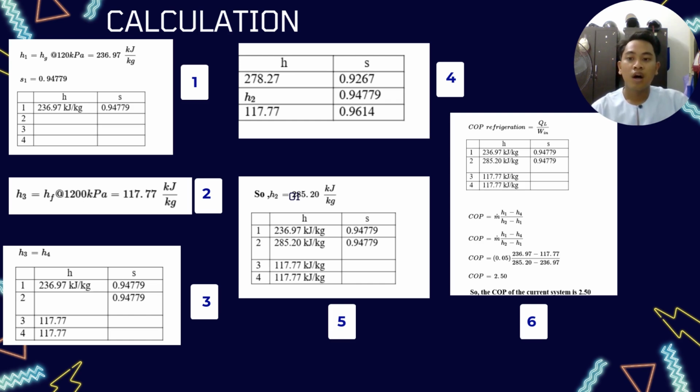So to find the COP of the current ideal vapor compression refrigeration cycle, we use the formula COP equal to QL over W in. So the COP uses the mass flow rate and H1 minus H4 divided by H2 minus H1. So the COP for the current system is 2.05.